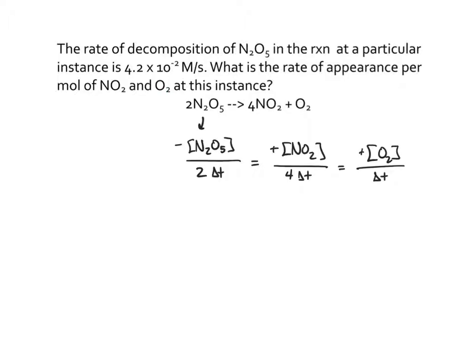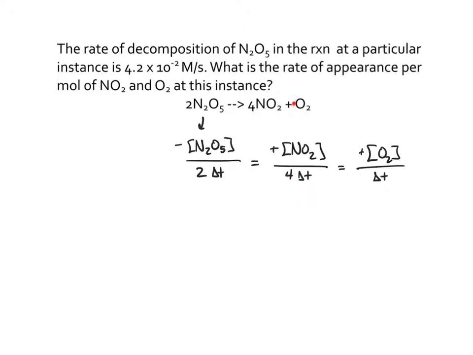So if I write out the rates of each of the reactants and products with respect to one another, you get the concentration of the reactant disappearing over 2 times delta t. That's equal to the rate of NO2 appearing over 4 delta t. As you can see, the stoichiometric coefficient is in the denominator.